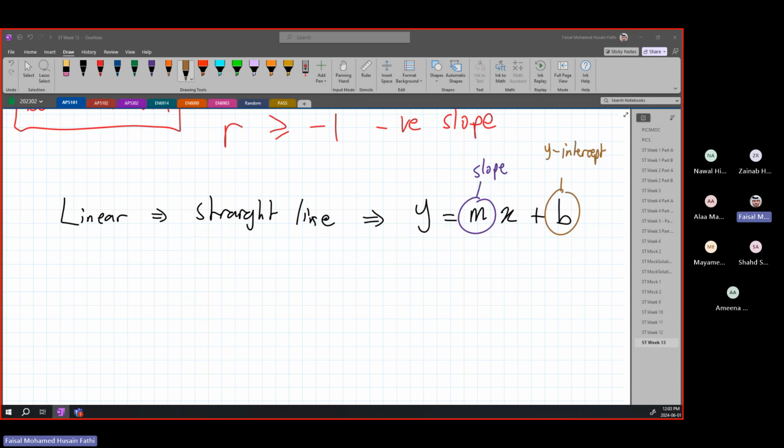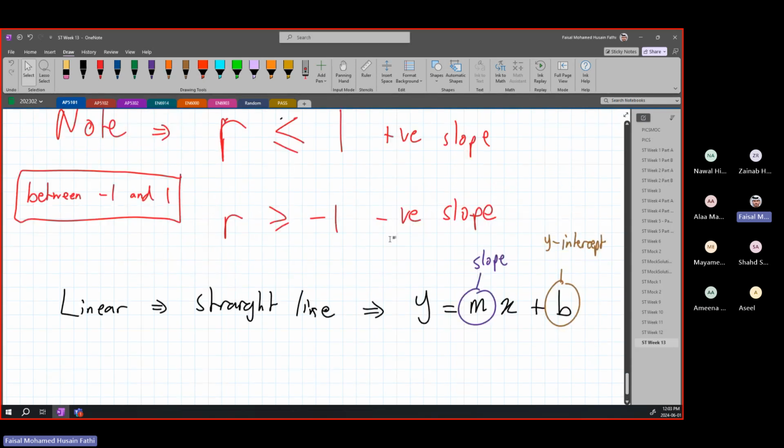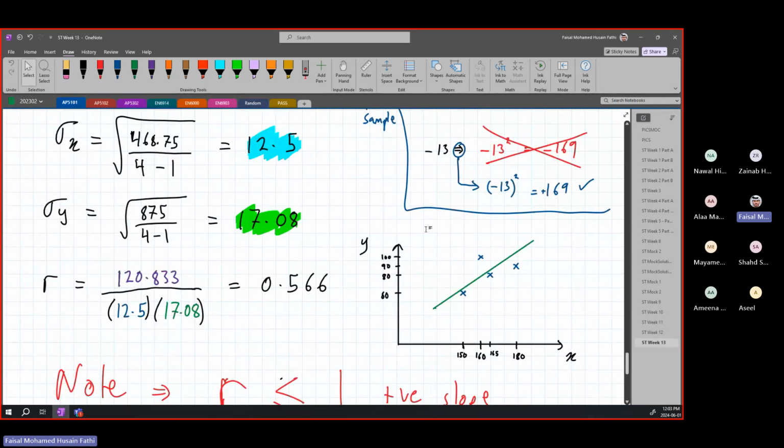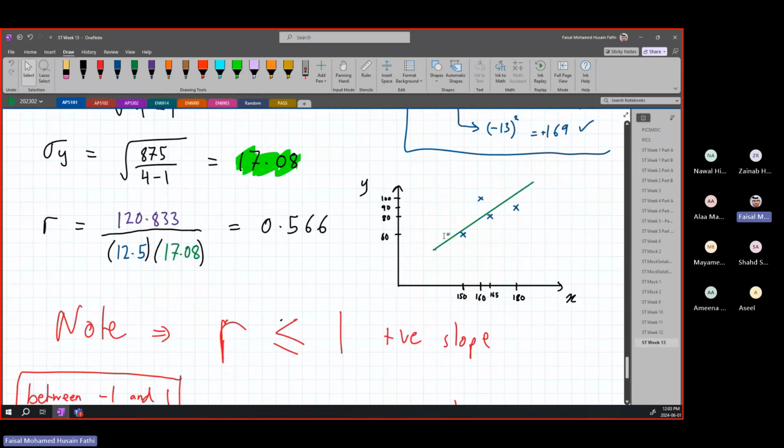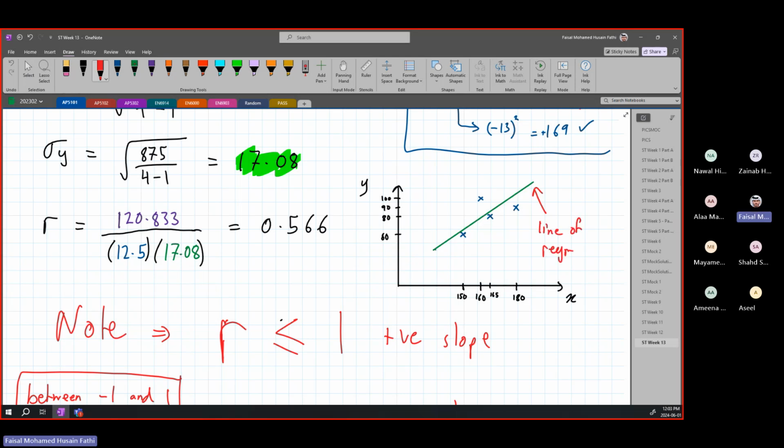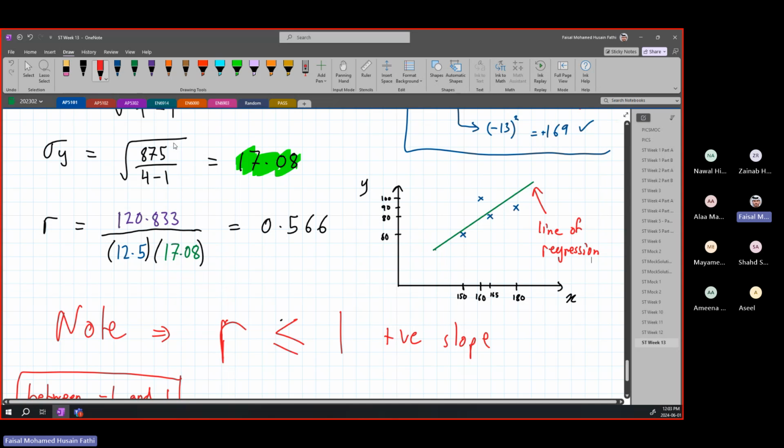So, like I said, now we are dealing with a linear regression or a linear correlation in this case. So this line is also known as the line of regression, okay? This line is known as the line of regression, all right?